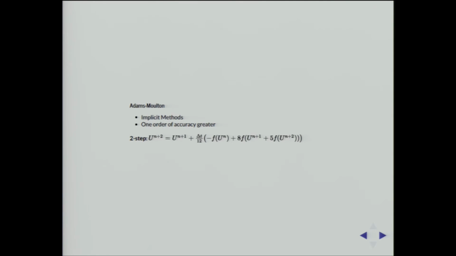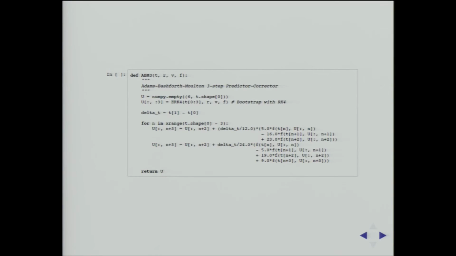And then I can use Adams-Moulton to do the correction over that estimated value. So this is what we're doing here. Still, I am bootstrapping my method using Runge-Kutta. Then for each time step, I am predicting with Bashforth, and then I am correcting with Moulton. So I ended up using 3 methods here, all for getting just 1 order of accuracy more. So, well, it's not great.